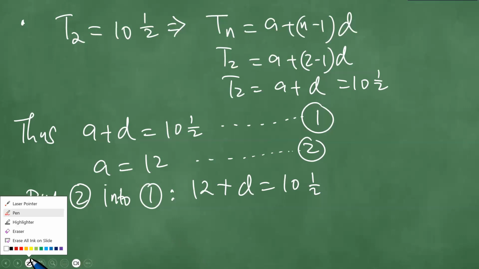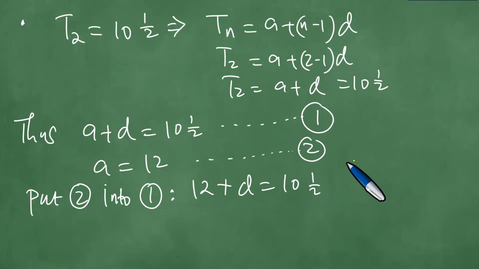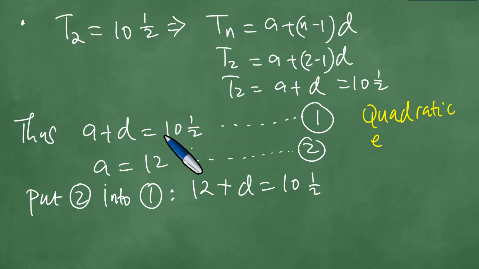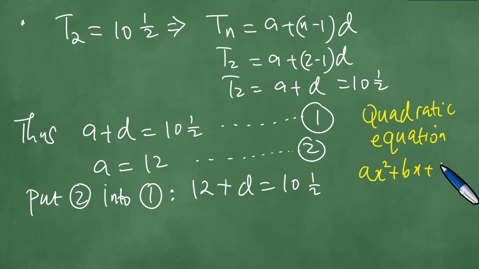Because you mentioned the quadratic equation, I'm going to comment on it. A quadratic equation is ax squared plus bx plus c, and it must be equated to 0.